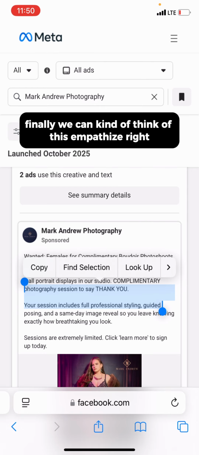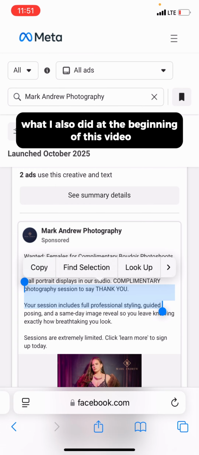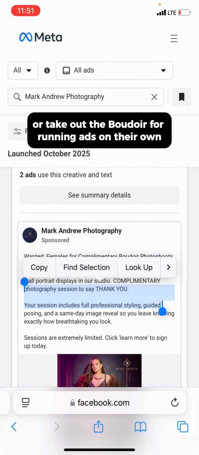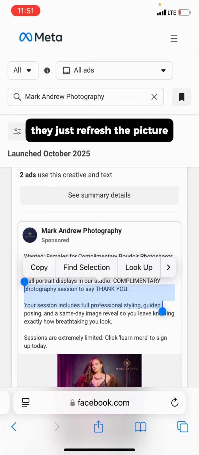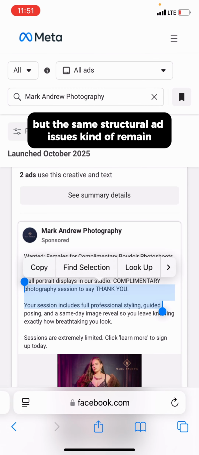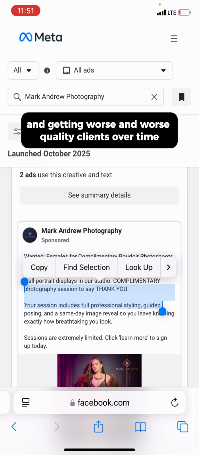And finally, we can think of this as the empathize, the movie scene, like what I also did at the beginning of this video. I talked about boudoir photographers running ads on their own, with ads doing worse and worse over time. They're feeling desperate, so they just refresh the picture, but the same structural ad issues remain, and they just go through the cycle of refreshing creatives all the time and getting worse and worse quality clients over time.